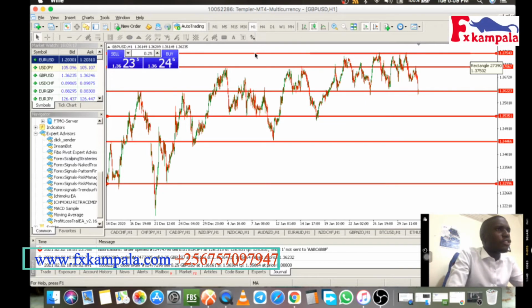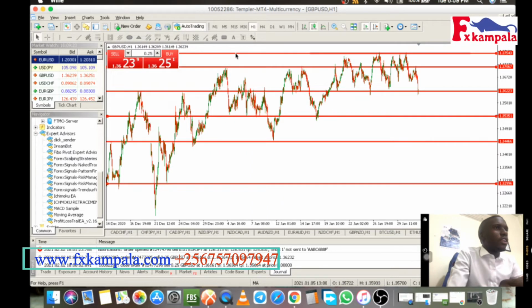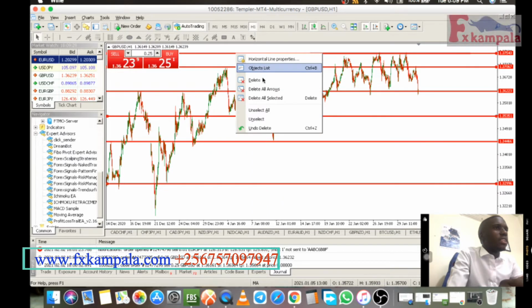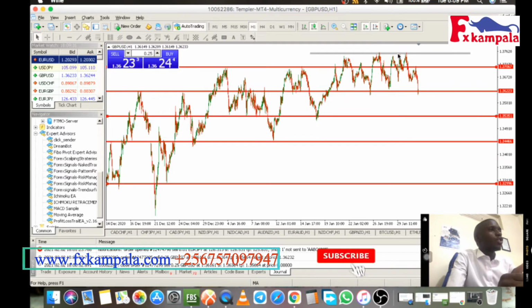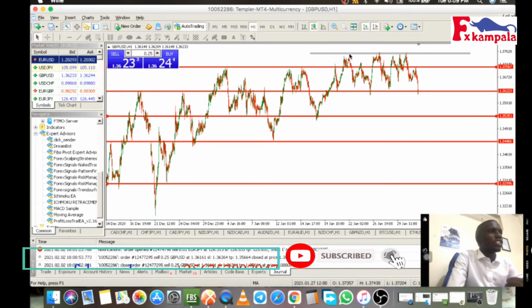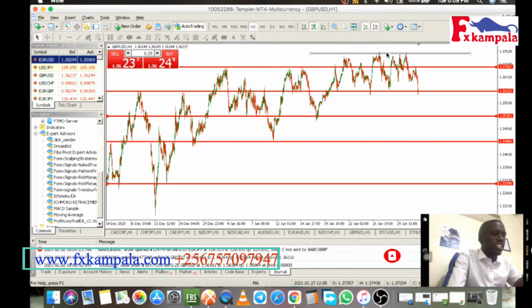Now when I try to remove this resistance of mine, you realize that it's coming to look more like a zone, which is this. It is a zone that can be modified by touching the middle line.